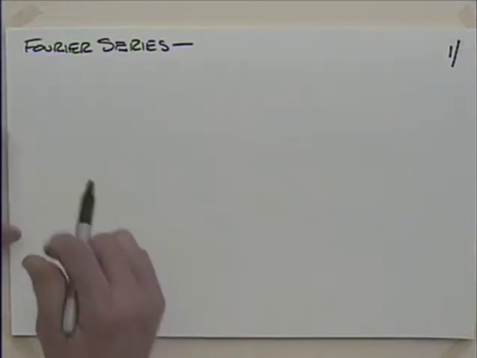So last time we left off talking about Fourier series, how we could use Fourier series to represent a periodic function, and I gave you some common examples of periodic functions. We could look at a test for if it's periodic.